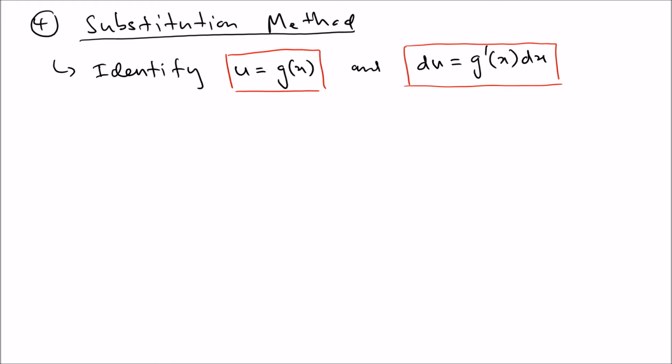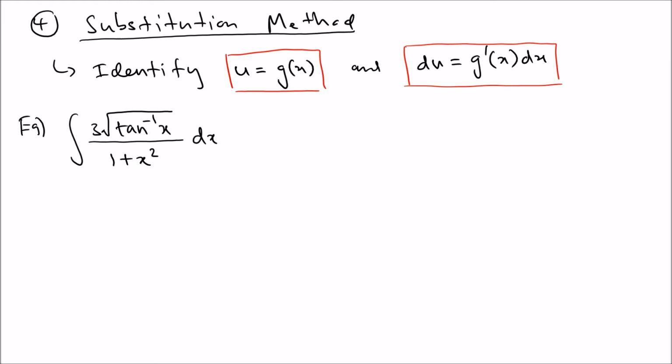So let's do a couple of examples. Let's start with this one. Let's say integrate 3 times the square root of tan inverse x, divided by 1 plus x squared. A problem like that. You need to train your eye for these problems.